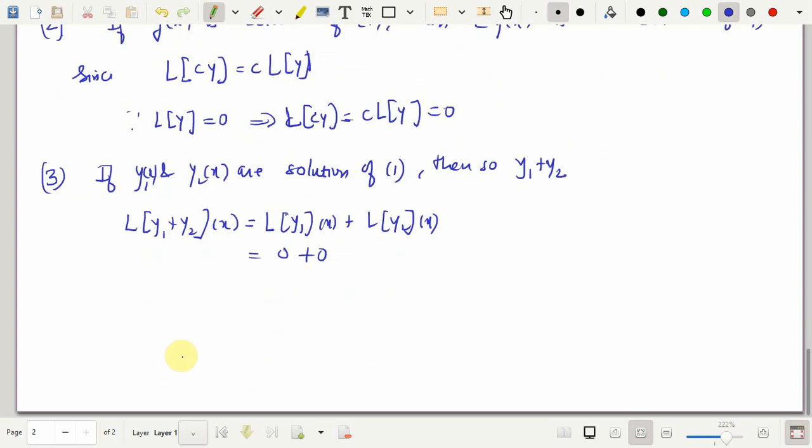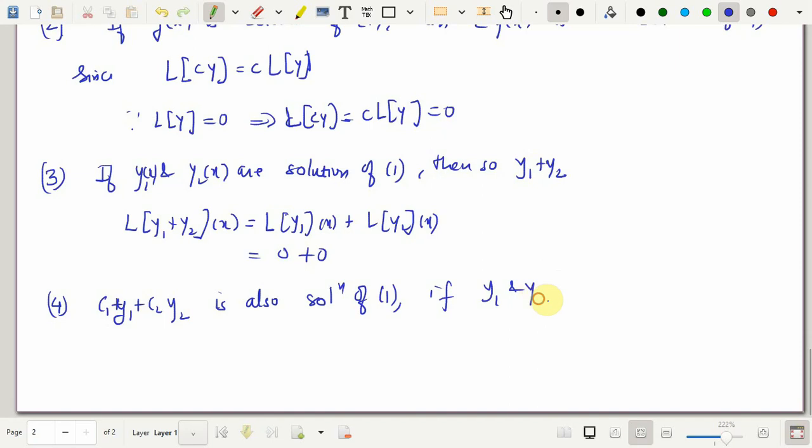Okay. Now, combining both the above properties, we can say that in fact C1 y1 plus C2 y2 is also a solution of 1 if y1 and y2 are solutions of 1. That is because of L of C1 y1 plus C2 y2.